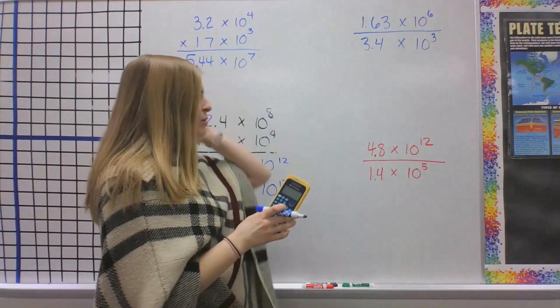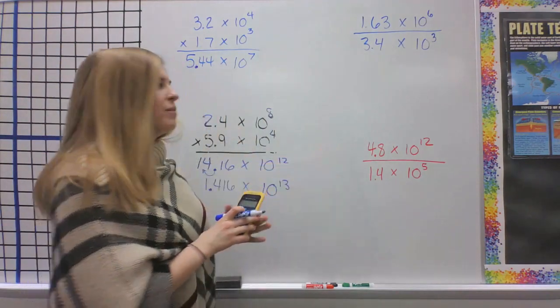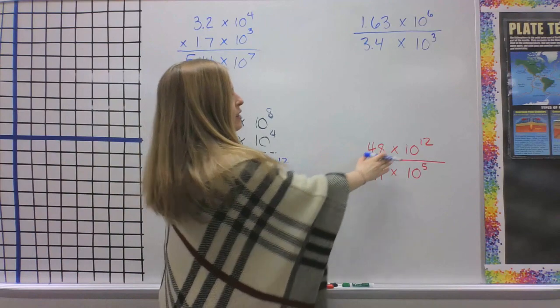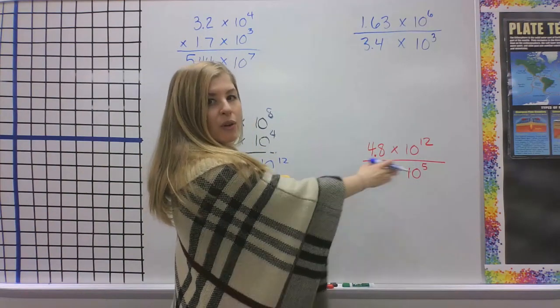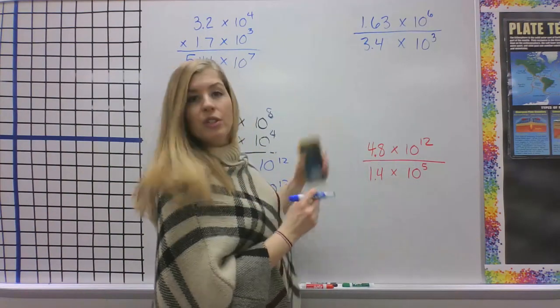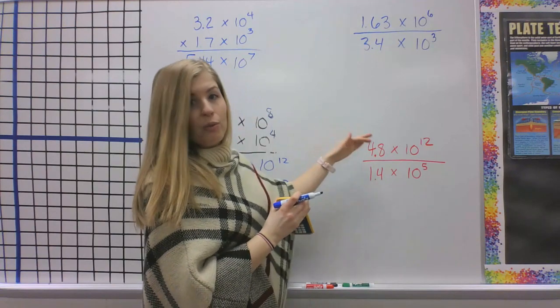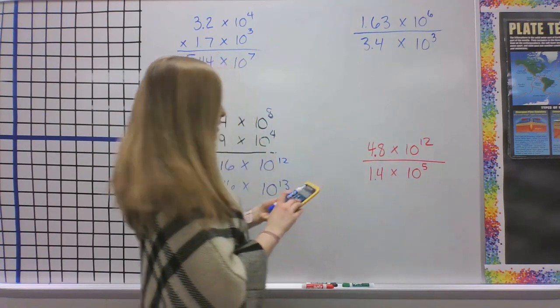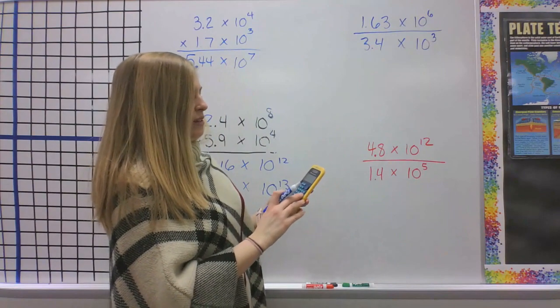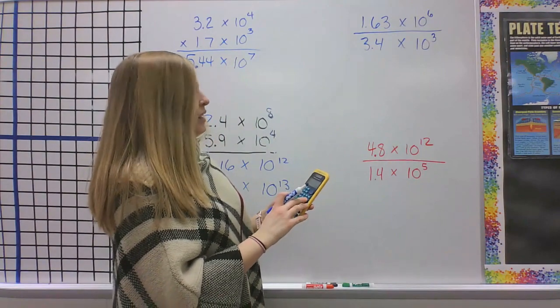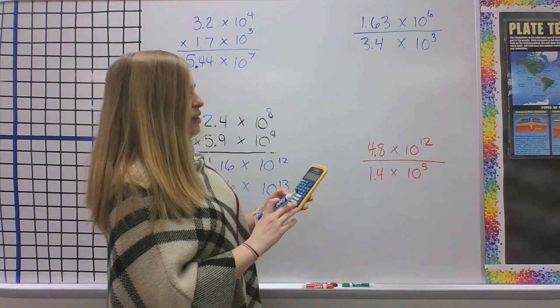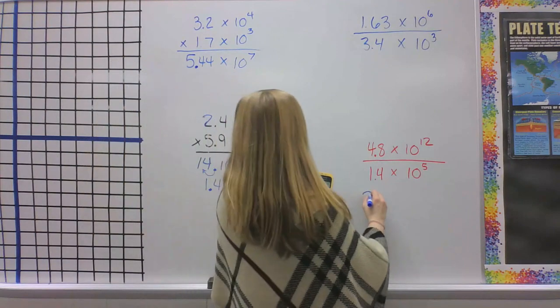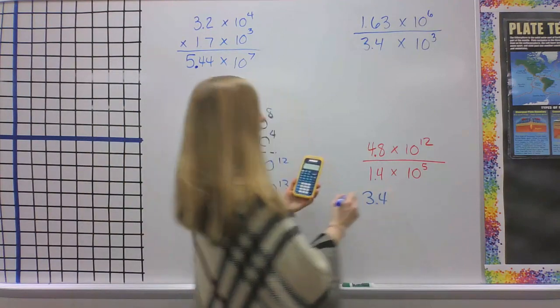Here are some division problems. So we'll start with this one: 4.8 times 10 to the 12th divided by 1.4 times 10 to the 5th. Just like with multiplication, where you multiply like normal, we'll just divide like normal. And then we're going to use our exponent rules for the exponent. So if I put 4.8 divided by 1.4 in my calculator, I get 3.4.